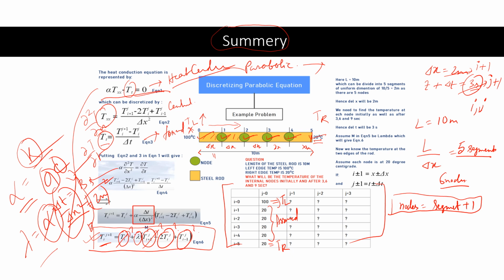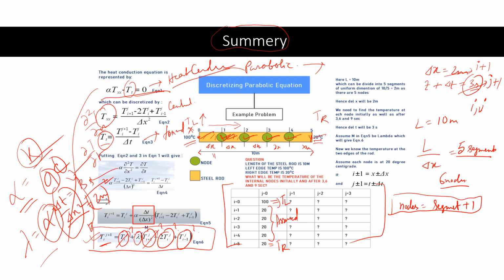So here T_i at the first stage, i equal to 0, T_i will be your 100 degree centigrade because this is given. Then lambda, then T_{i+1} will be this one. For i plus 1, we have assumed that this will be 20 degree centigrade, because these temperatures are of the previous time scale. So j means the initial time scale.